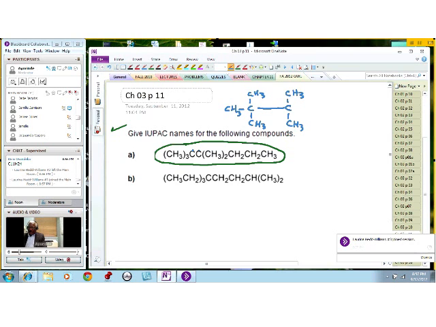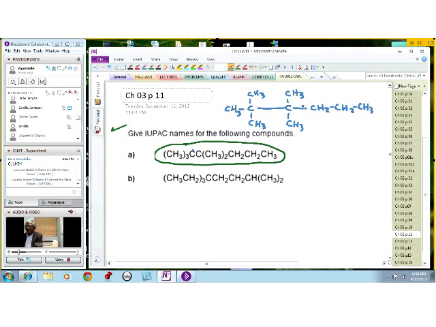And now, this carbon is also attached to this carbon, which is a CH2, another CH2. Okay, so what we've done now, we have written this super condensed structure as a semi-condensed structure.